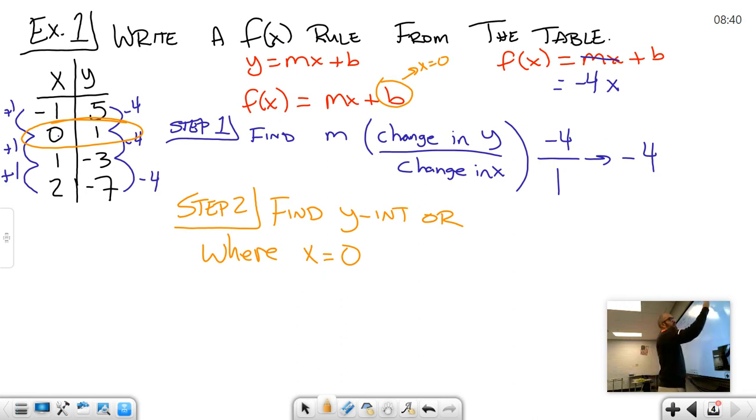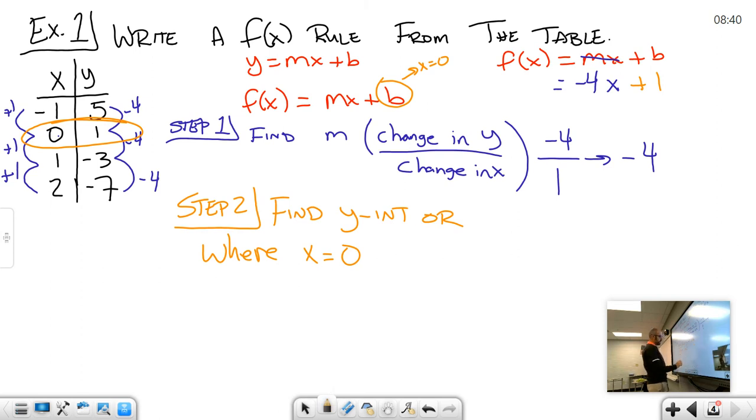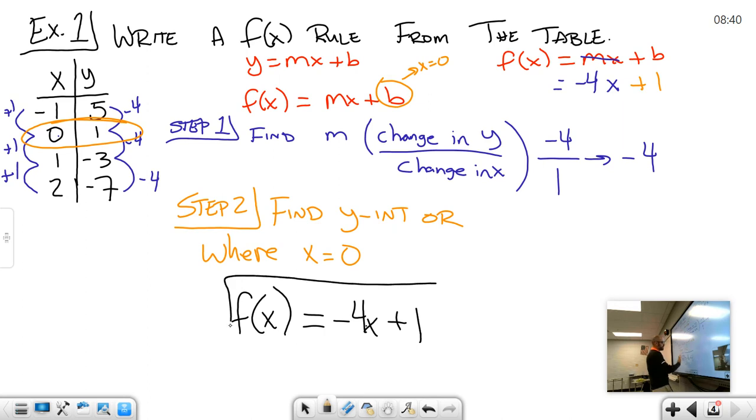Well, it's a positive 1. So for this example, my function rule is negative 4x plus 1. And that is what we would use to find another point.